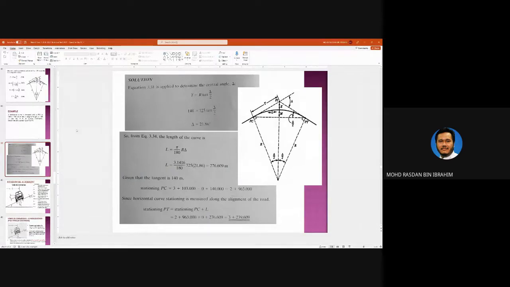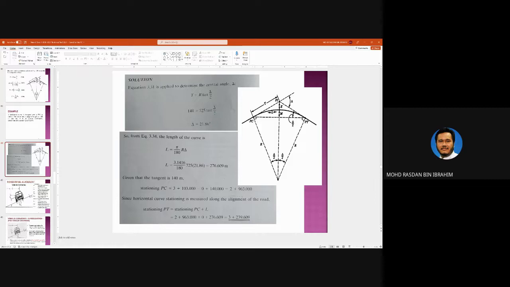Just now, which station? PI. So from here, PI minus the length of T, 140 meters. So you get the chainage over here. So this chainage is 2 plus 963. Okay, L you already calculated, 276.609.